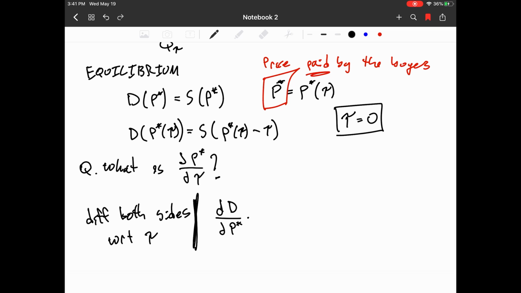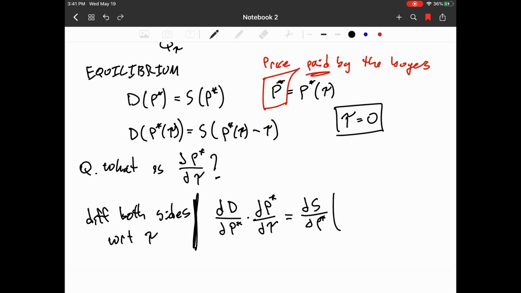Then by the chain rule, we have the derivative of p star with respect to tau. And that's all equal to the derivative of s with respect to p star, and then we need the derivative of the inside.